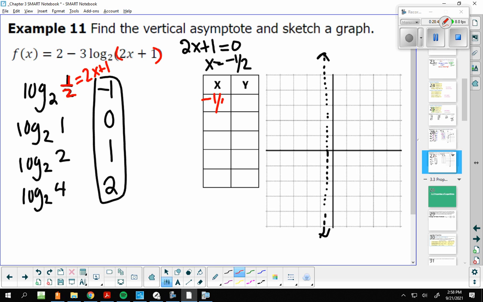If you need to write out that work, you can. If you do it in your head, that's fine as well. I'm fine either way. So let's do that again. What value of x do I need to plug in to make the argument 1? So 1 minus 1 is 0, divided by 2 is 0. So if I plug in 0 for x, I'm going to get an argument of 1.